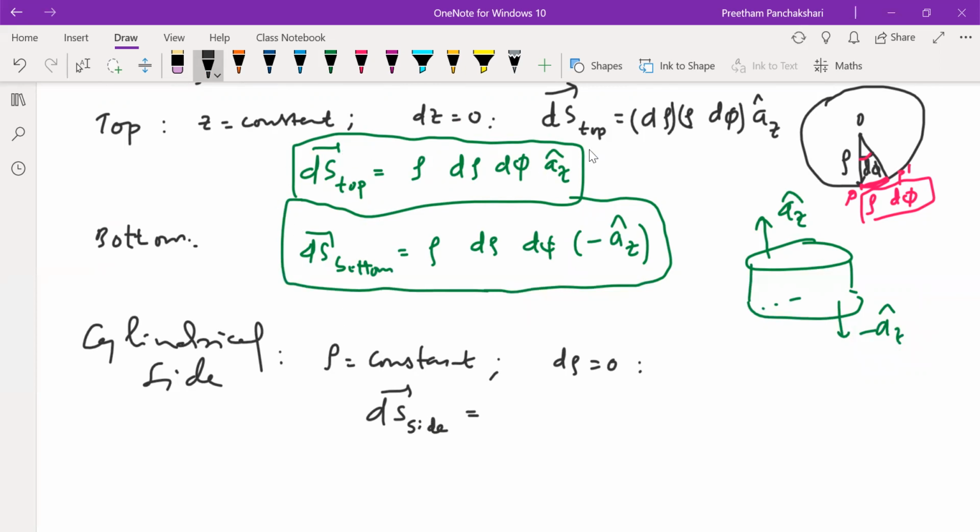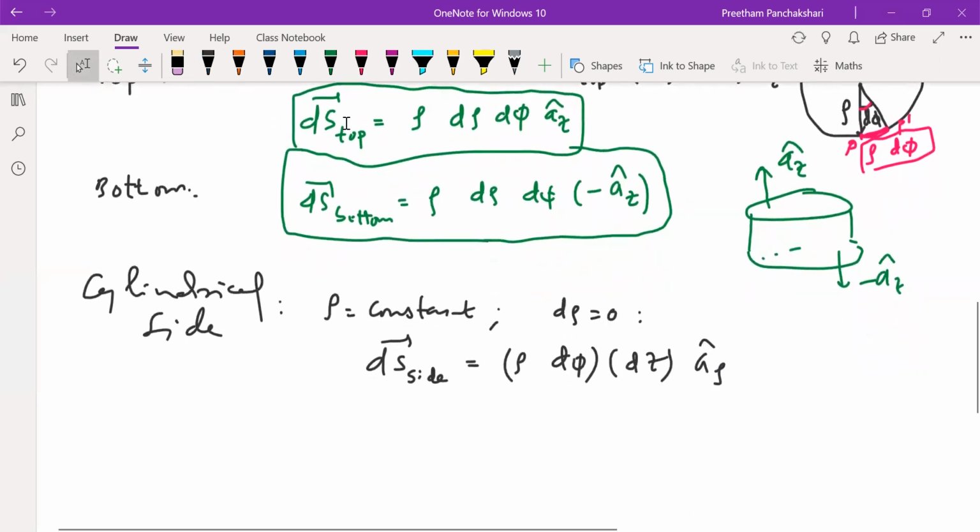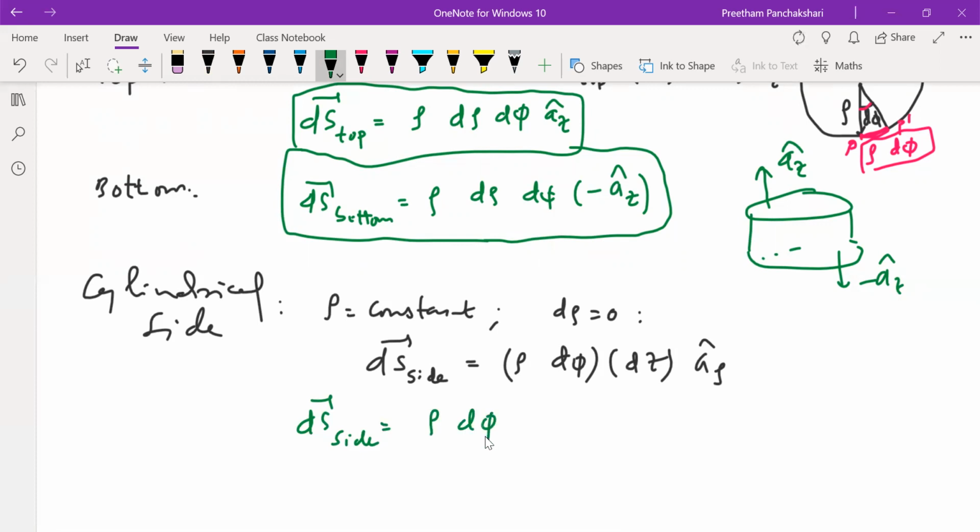Since d rho is zero, we have rho d phi and dz. The direction of the side is a cap rho as we discussed. Finally, the differential surface area of this side is given by rho d phi into dz into a cap rho.